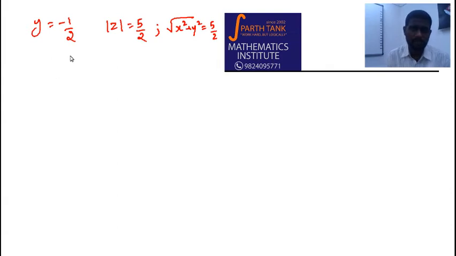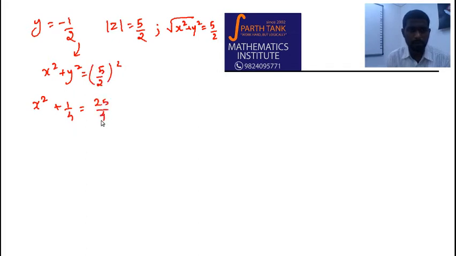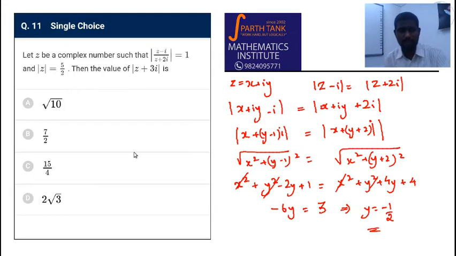Squaring both sides and substituting this here, x squared plus 1 by 4 is 25 by 4. Take it to the other side, x square is 24 by 4 or 6. So x is plus or minus root 6.